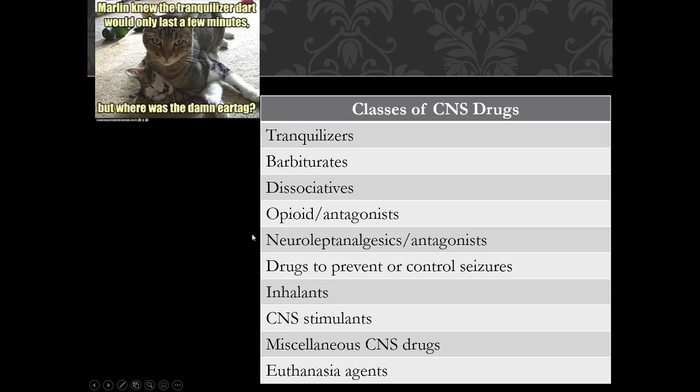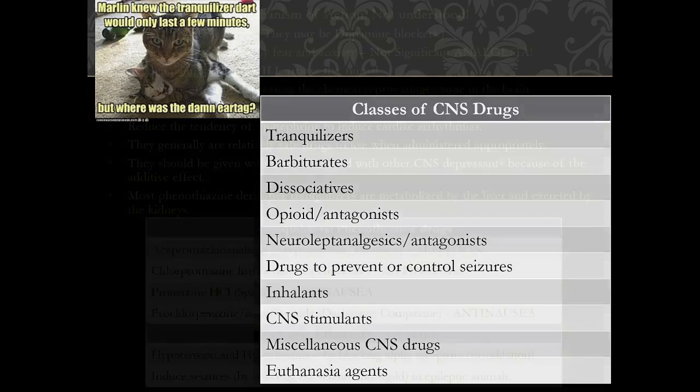You need to have a category and a flashcard for each of these. We're going to list those, and then in those categories, you're going to take each drug and understand a little bit more about them.